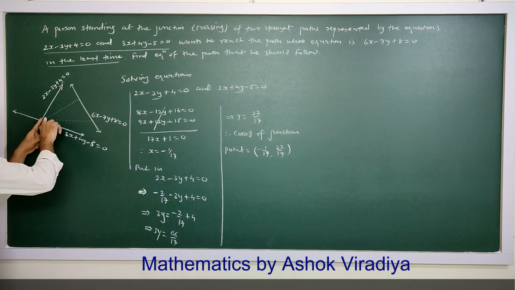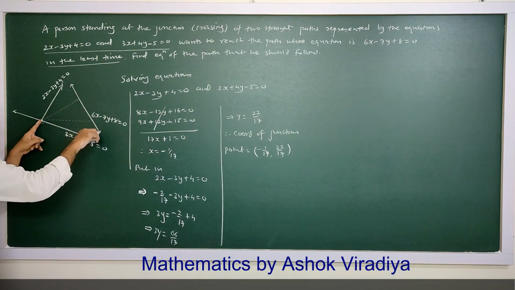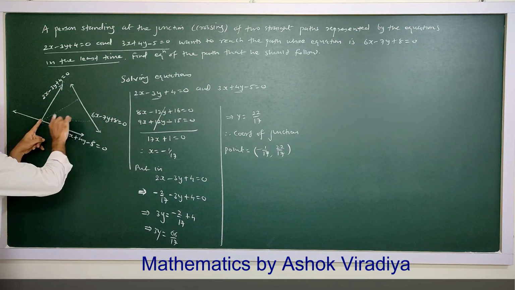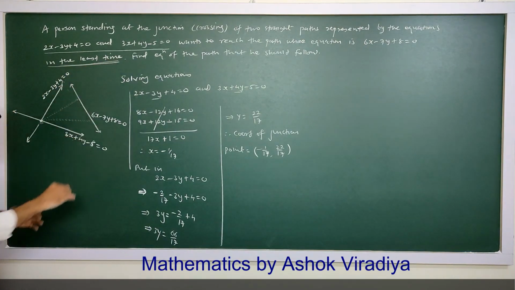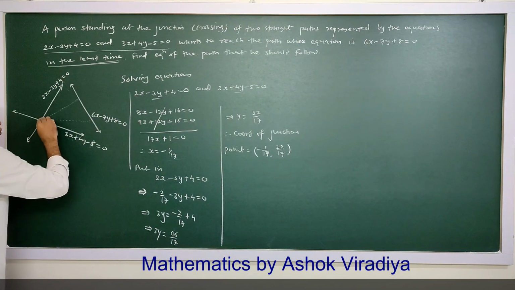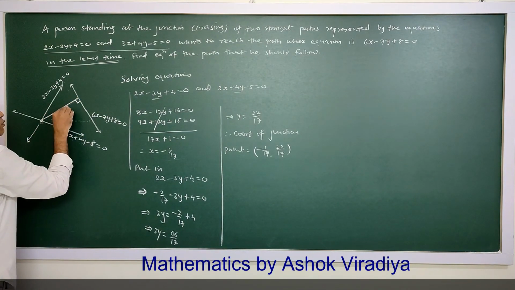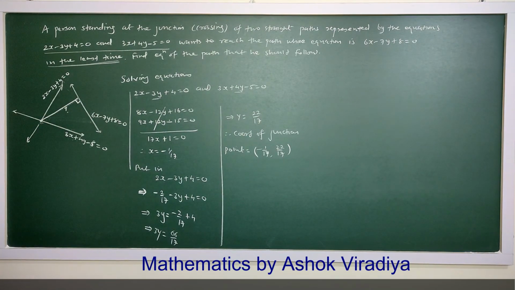So if you take perpendicular path, if he chooses perpendicular path to reach on this third path, this way takes minimum time. So that means to reach in the minimum time or least time, he has to move in this direction. So we want equation of this line, and to find equation of this line, already we are having coordinates of this point.